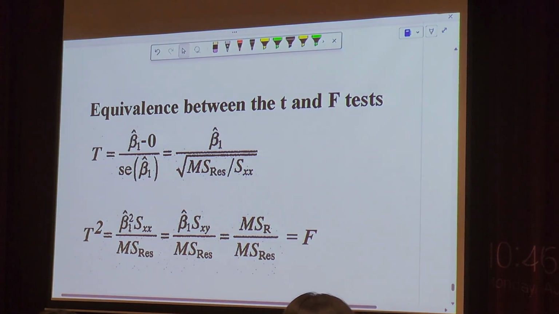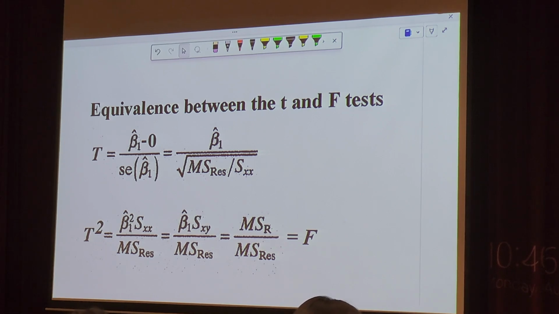I don't know whether you studied this or not, but for the simple model that I showed you, you can do an F-test or a T-test, and they are equivalent. The T-test is beta 1 hat minus 0 over the standard error of beta 1 hat.